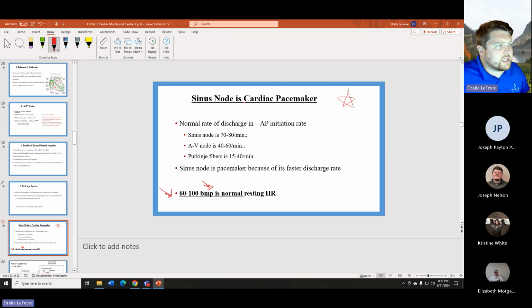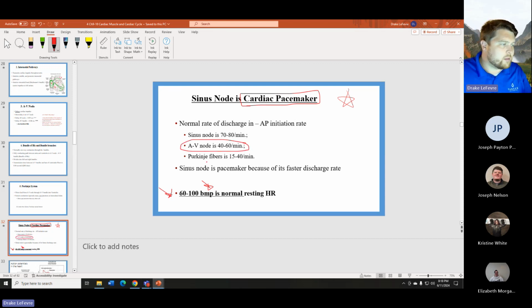The sinus node is the cardiac pacemaker. When we talk more EKG, there are times where the SA node can fail, either because of damage to it, a weird signal, or a handful of different things. In that case, the AV node actually takes over.